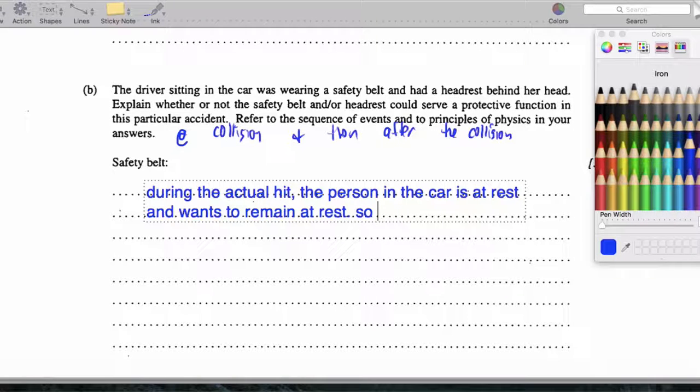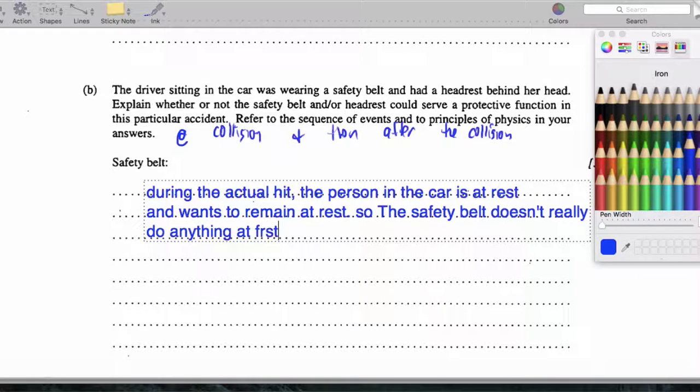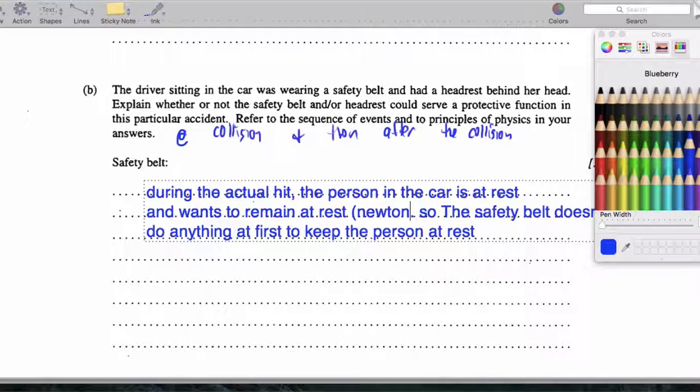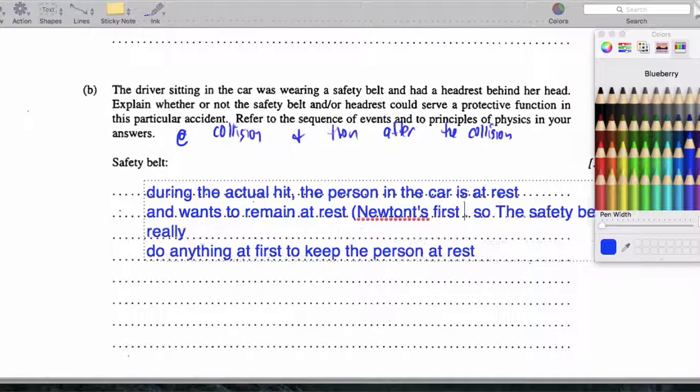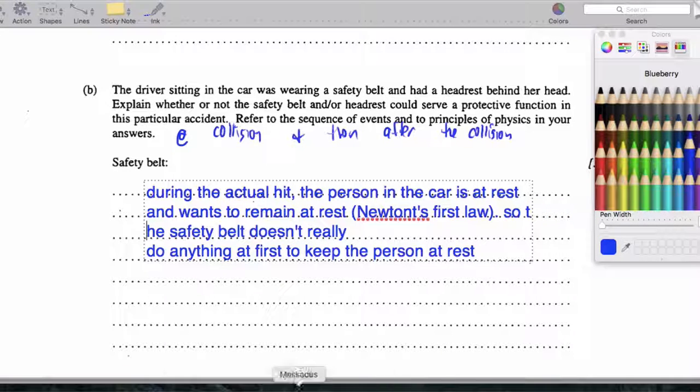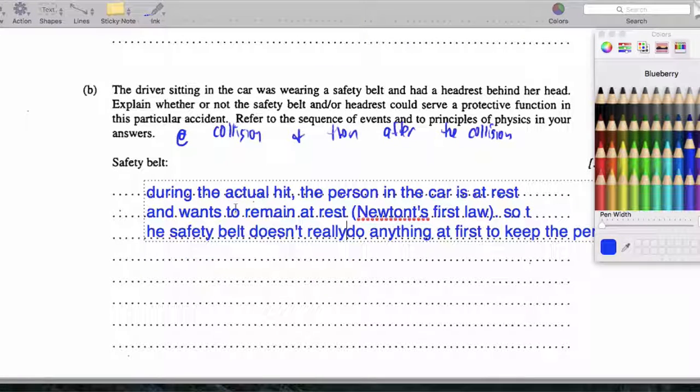So the safety belt doesn't really do anything at first to keep the person at rest. And you know what I would throw in here? I would throw in that this is Newton's first law.